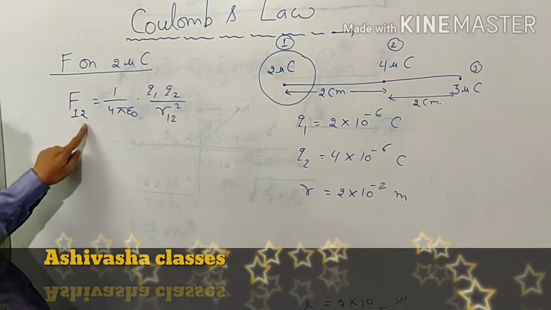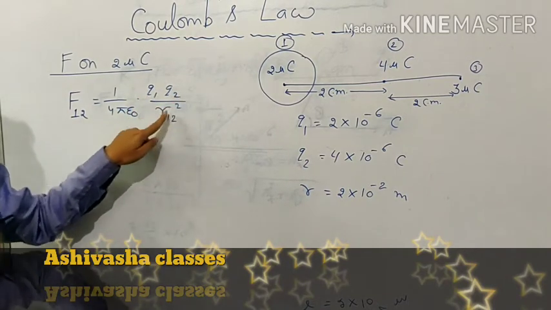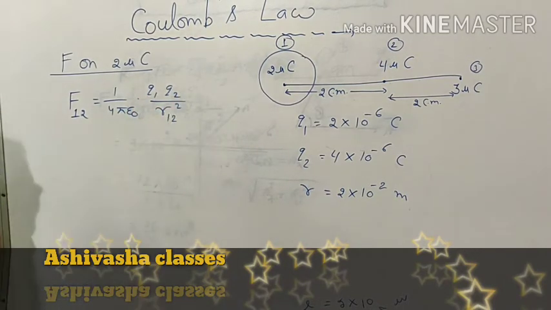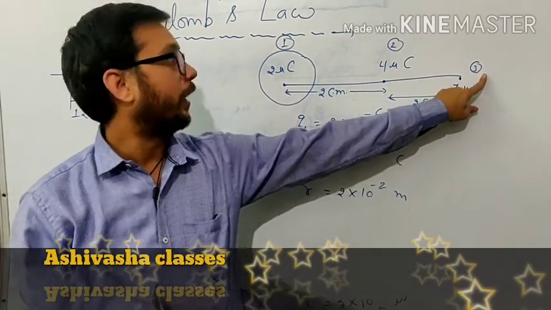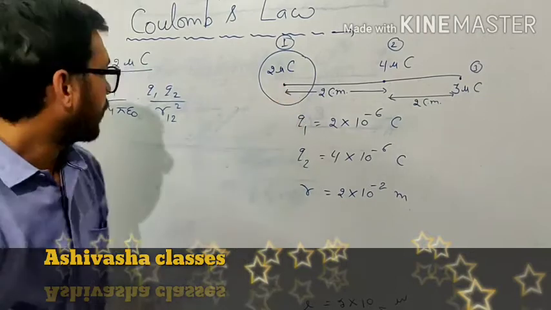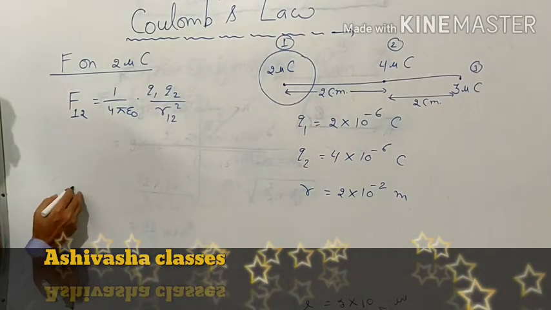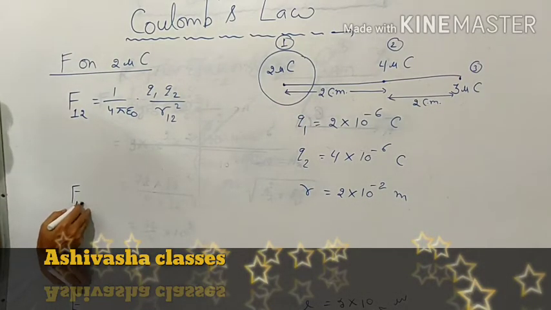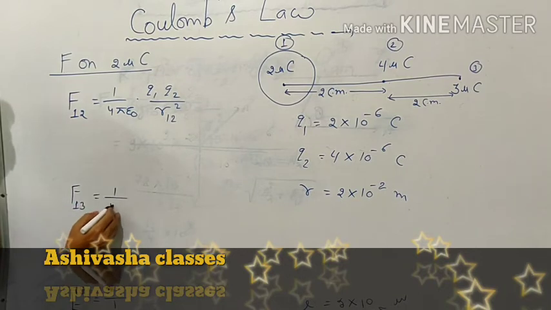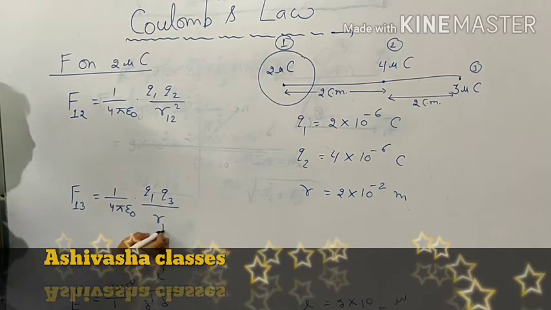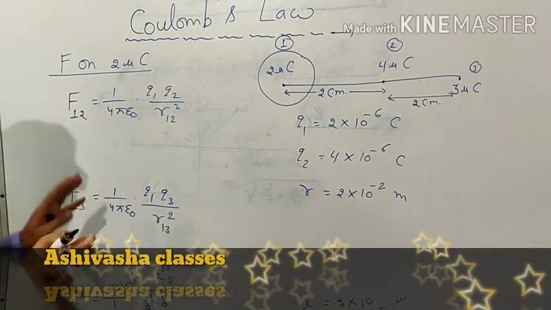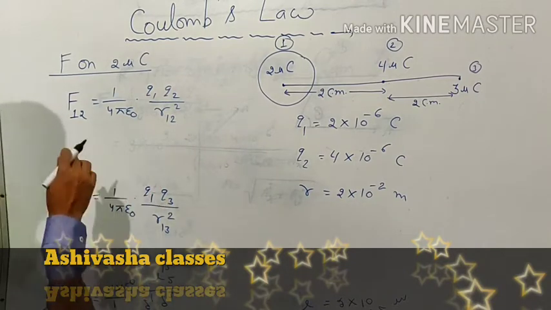Here this is 1 2, so q1 q2 and r12. Similarly, the charge 3 will apply force on charge 1. So we have force on charge 1 due to 3, so it is 1 upon 4 pi epsilon naught q1 q3 upon r13 square. So in this way, now we are going to put the values.